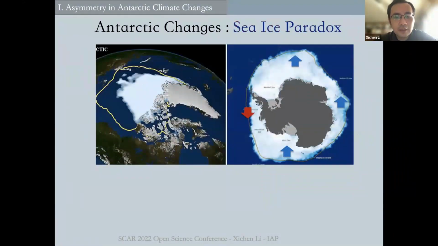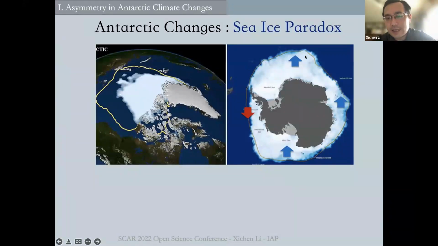When it comes to the Antarctic sea ice, it becomes more complicated. The Arctic sea ice keeps retreating during the past several decades, which agrees well with the global warming trend.